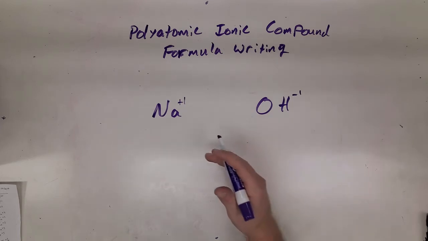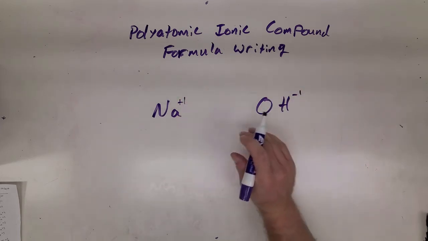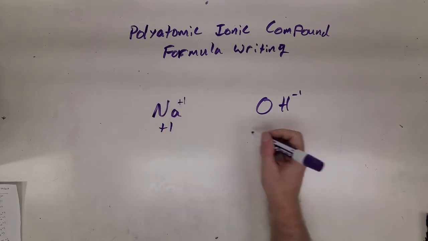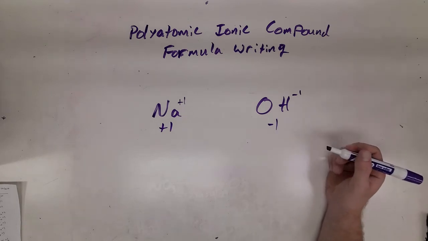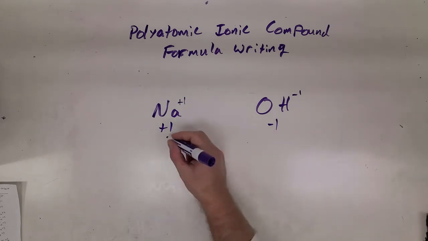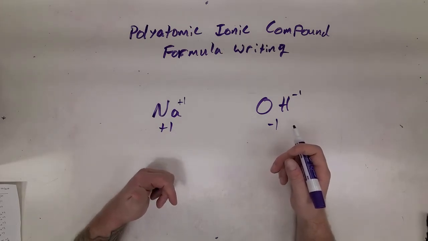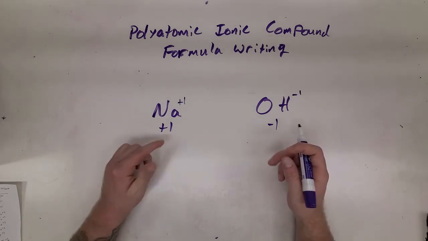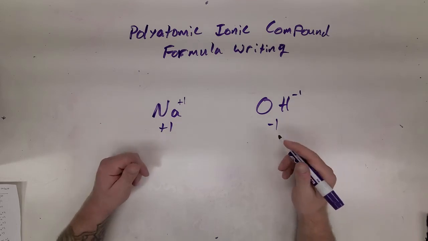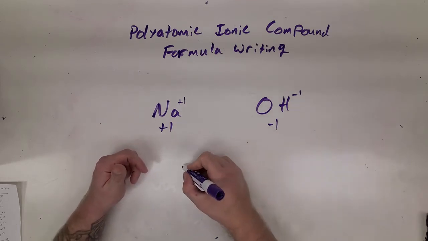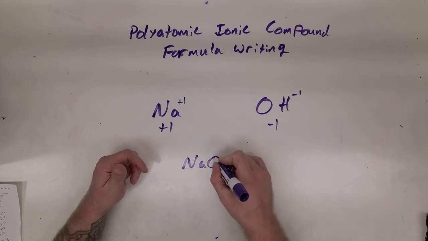So following the same steps, we have the charges listed, we have the symbols written out. We write the charges down below, and we just check and see, do they even out on each side? We have a +1 here and a -1 here. These are going to bond together to make a stable compound, since these only have one charges, they cancel out really well. Plus 1 minus 1 equals 0. So we would just write it out as NaOH.